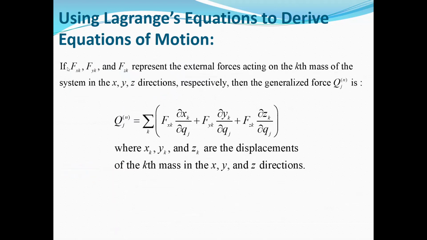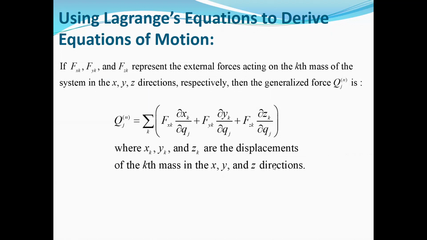Okay, if we assume that there are these forces F sub xk, F sub yk, and F sub zk representing the external force acting on the k-th mass of the system in the x, y, and z directions respectively, then the generalized coordinate force Qj is calculated from this equation, where xk, yk, and zk are the displacements of the k-th mass in the x, y, and z directions.